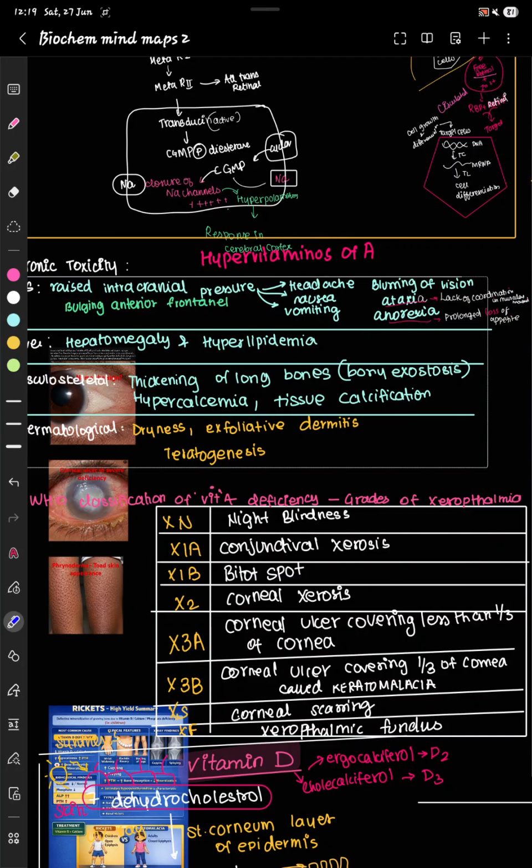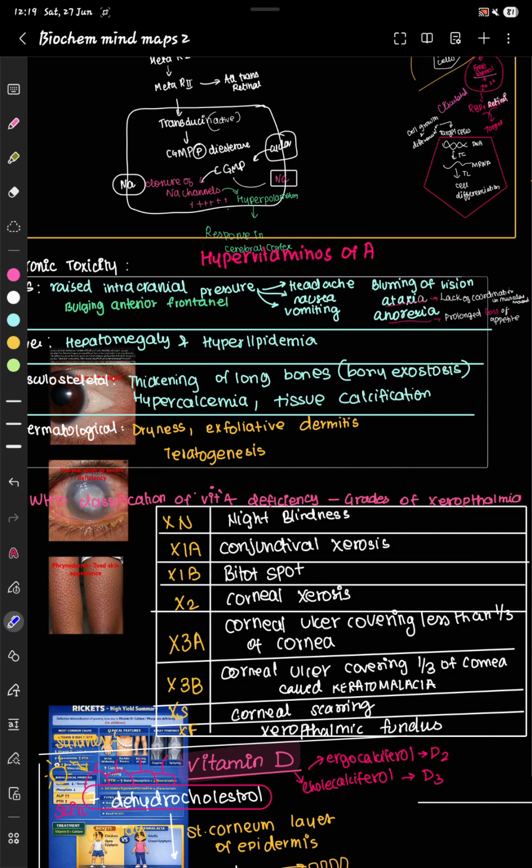Ataxia is the lack of coordination in the muscular movements, and anorexia is prolonged loss of appetite. Then they won't feel the hunger, they'll feel the loss of appetite, and they'll be having vomiting, nausea, headache sensations, blurring of vision.